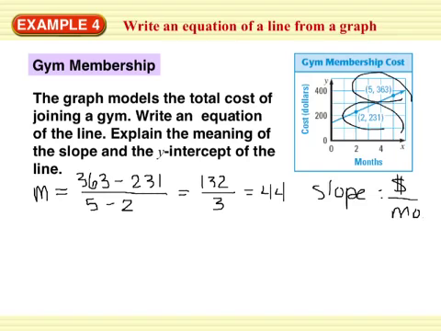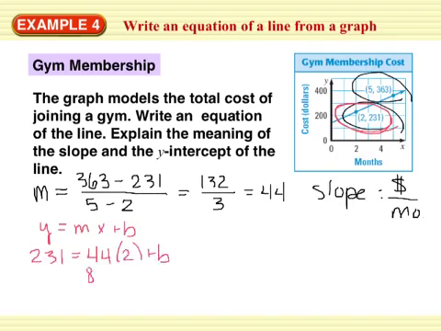Okay, next we need to find the y-intercept. And I'm going to grab a point. Doesn't matter which one. I'm going to grab that point and plug it into my y equals mx plus b. So 231 equals mx plus b. Do some solving.